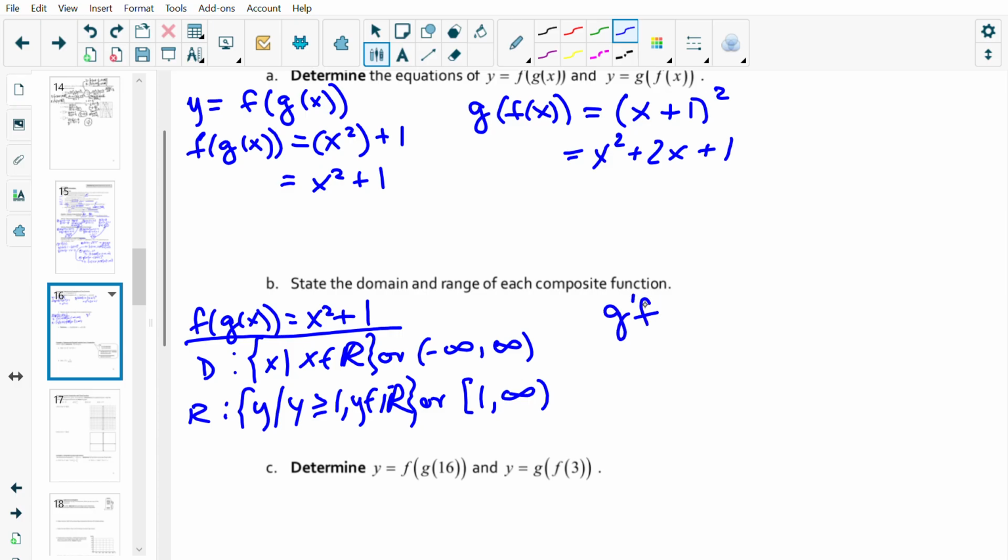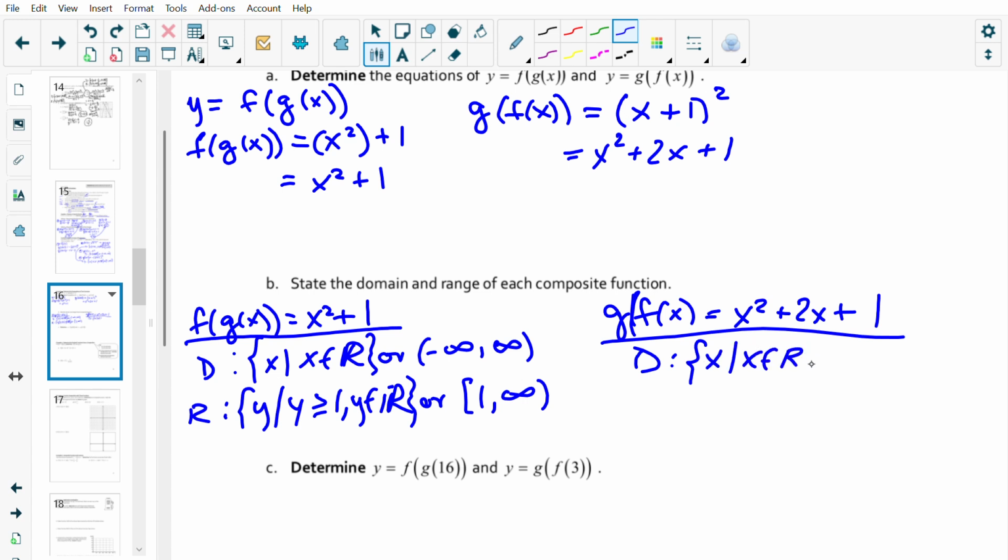Second part, g of f of x equals x squared plus 2x plus 1. Okay, our domain is, again, all real numbers, and our range is this one.